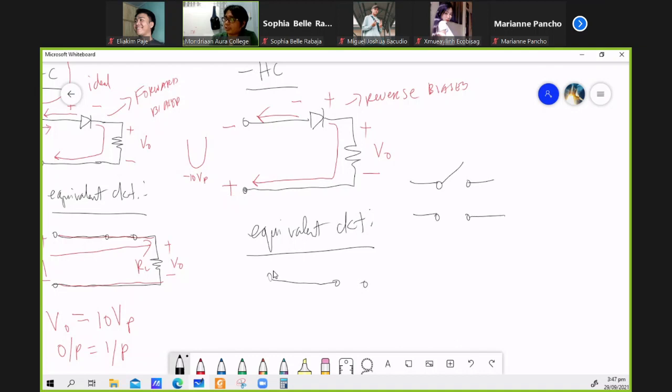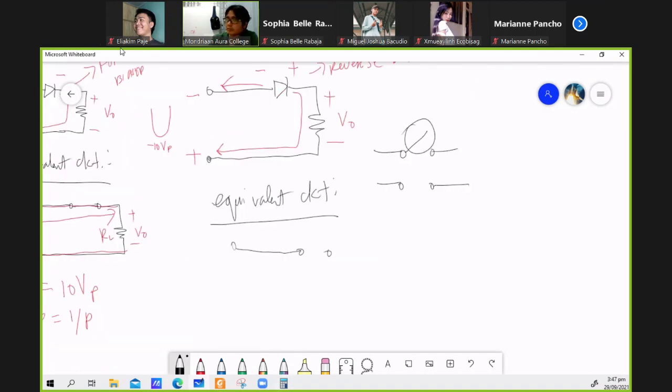Okay? So tanggalin na natin to simplify our diagram. Pareho lang namang open circuit yan. Okay. Next. Wait. So, lagay pa rin natin yung load. Di pa rin makawala yung load dyan. And then we rewrite again the input, minus 10 volts peak, and plus minus P out.